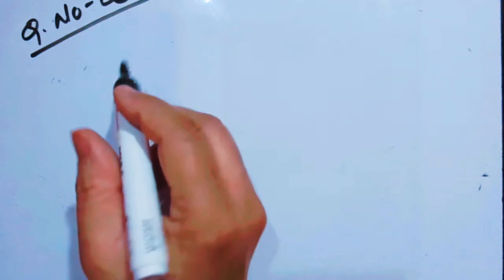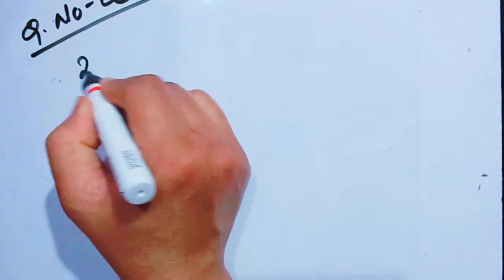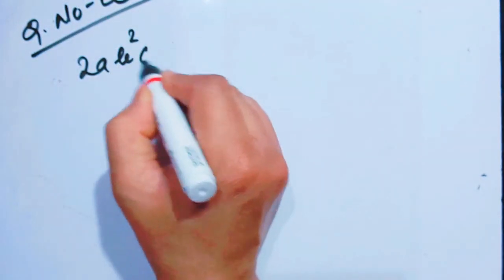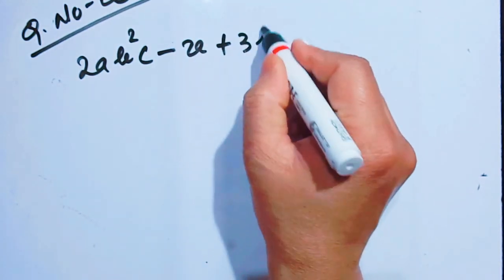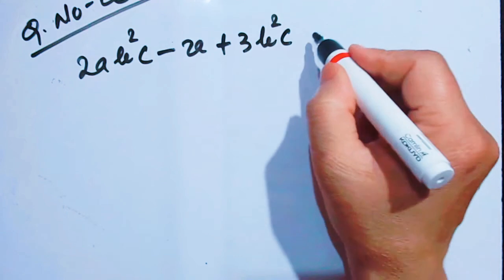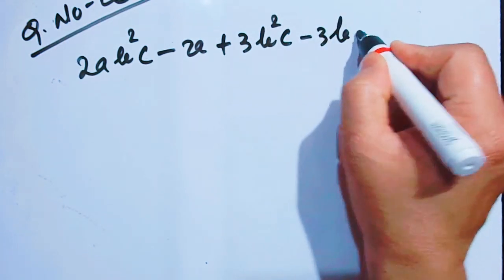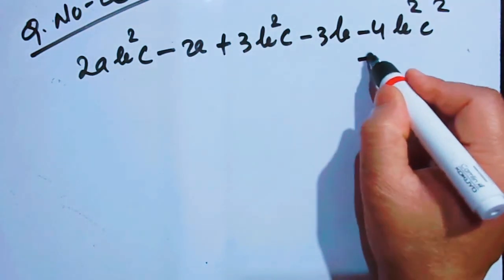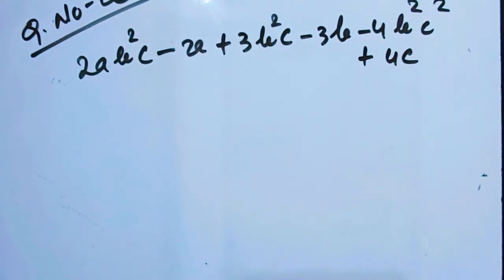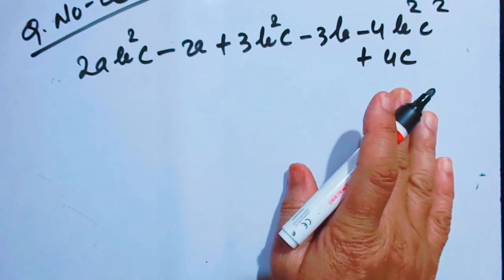Now in this number 20, I think it is the same as the previous one, that is 2ab square c minus 2a plus 3b square c minus 3b minus 4b square c square and plus 4c. So this is what is given.